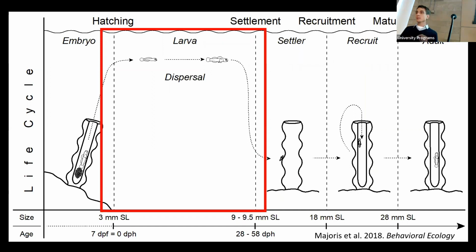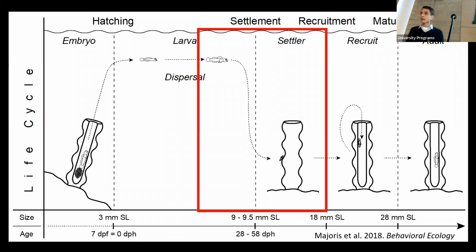Okay, so now we know that larvae are using their senses to find their way around in the ocean. As they reach settlement, these larvae have to metamorphose and settle out of the water column onto benthic habitats. And so I was interested in understanding how larvae choose sponge habitats at settlement and how settlement behaviors influence the distribution of the species on coral reefs.